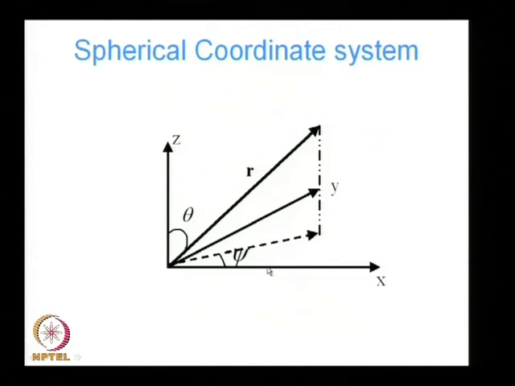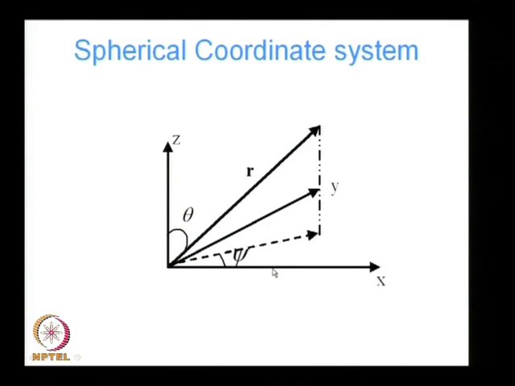If this is my Cartesian coordinate system x, y and z, I can describe the location of any point in the Cartesian system as x, y, z, and in the spherical system as r, theta and psi, where r is the radial distance of that point from the origin, theta is the angle that the radial vector makes with the z axis, and psi is the angle which the projection of the radial vector on the xy plane makes with the x axis.